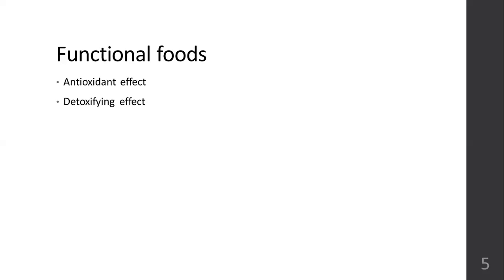So ragi, then you have the corn, maize, bajra, jowar, rice, and even under your dals, pulses, rajma, soybean, green peas, green gram, that is moong dal. These are the best forms of cereals and pulses that also have an antioxidant effect.